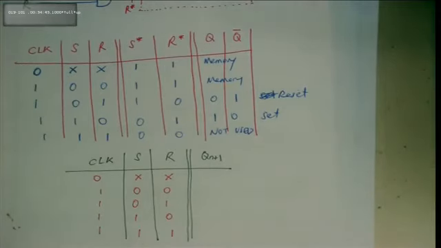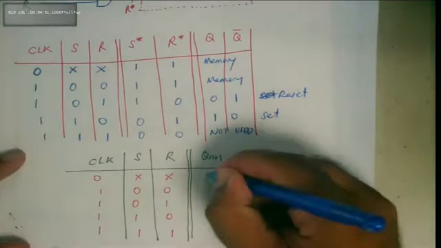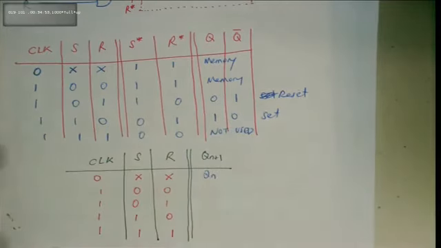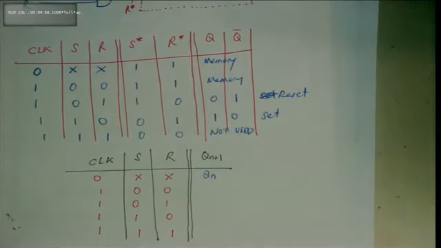So previous state in terms of Qn plus 1. Qn plus 1 is future state. One step back is what? Qn. Where does the word Q come from? Q is the Q and Q bar, of the previous state. But we don't have it defined. It's depending on what was there before, what was stored.